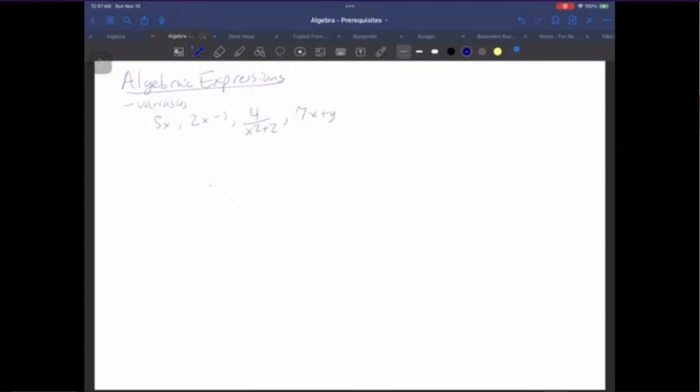So a collection of letters or variables and real numbers, which we also refer to as constants, combined using the operations of addition, subtraction, multiplication, division, and exponentiation, is an algebraic expression.